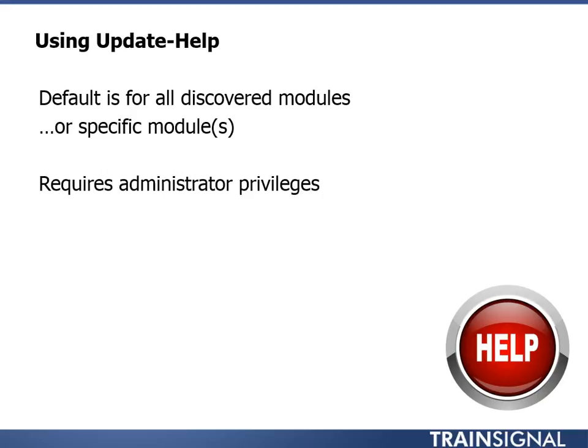This does require administrative privileges because the help files are typically stored under the System32 folder. So regular users can't usually update help. This does require admin privileges. And really all you have to do is just run update help, and PowerShell will go out and download all of the updatable help for all of the modules that it finds on your computer.